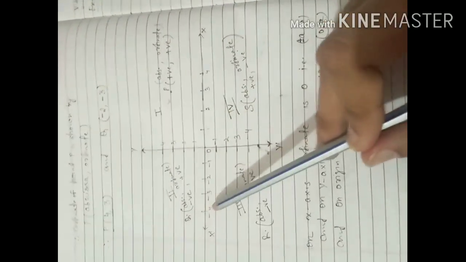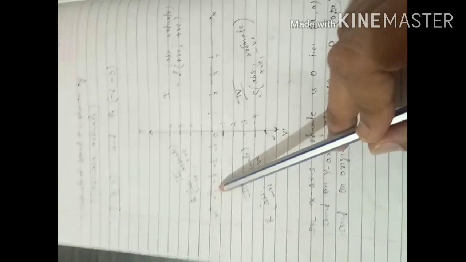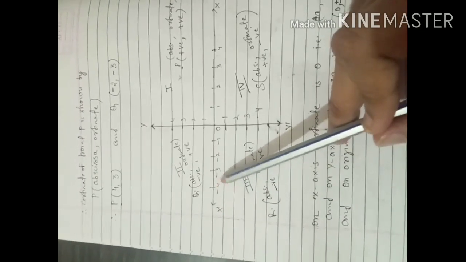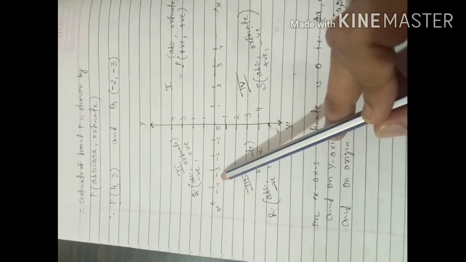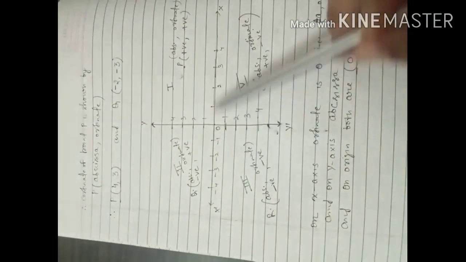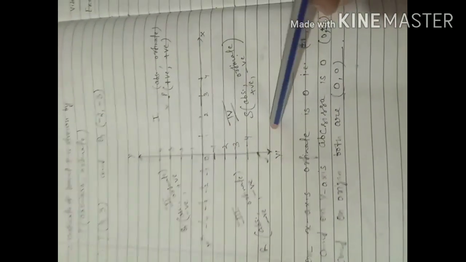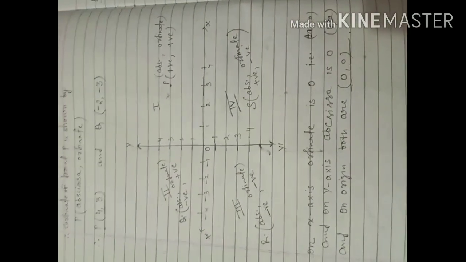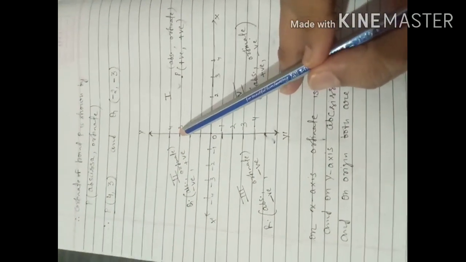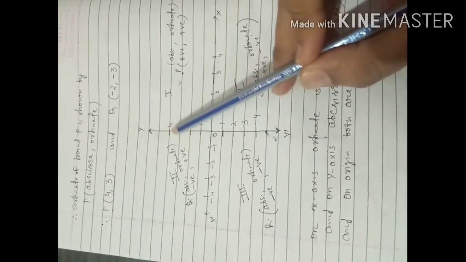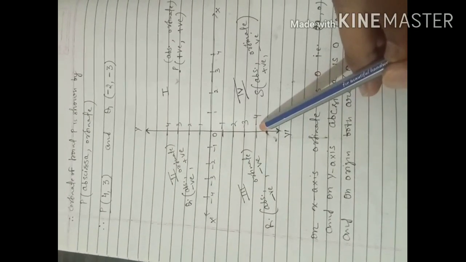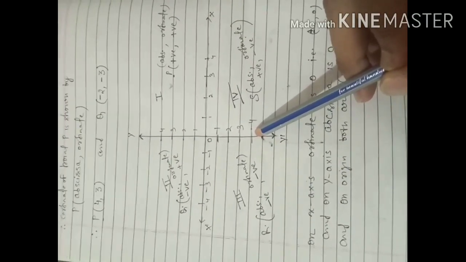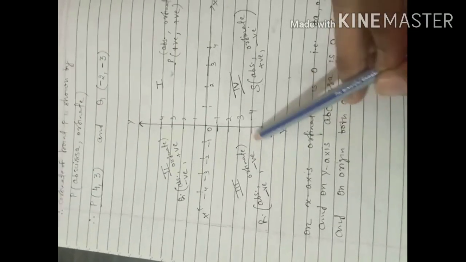Similarly, -4 on the negative x-axis, the coordinate of this point will be -4, 0. So on the x-axis the ordinate will be 0, and on the y-axis the abscissa will be 0. For example, this point 3, the coordinate of this point will be 0, 3, and the coordinate of this point will be 0, -4, because we are on the negative side of the y-axis.